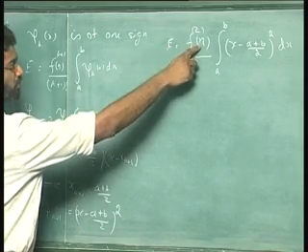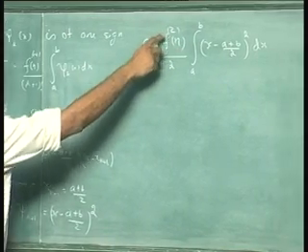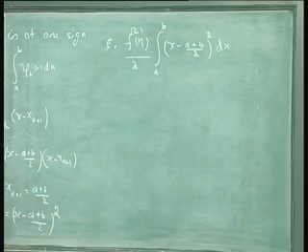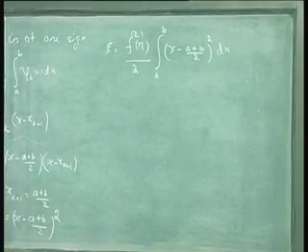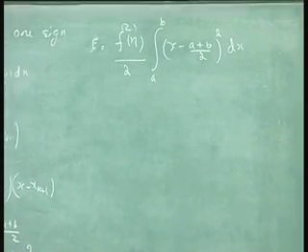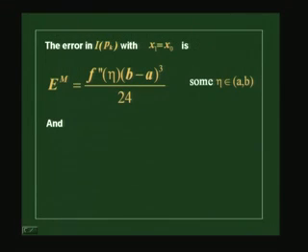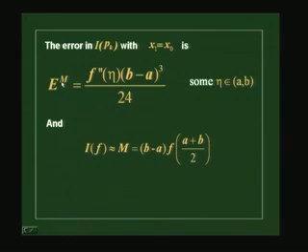So f'' at eta, the second derivative of the function, multiplied by (x minus (a+b)/2) whole square dx. Okay, so that's the next error, which we get as (b minus a) whole cube by 24. That's called the midpoint rule, so we call it M.